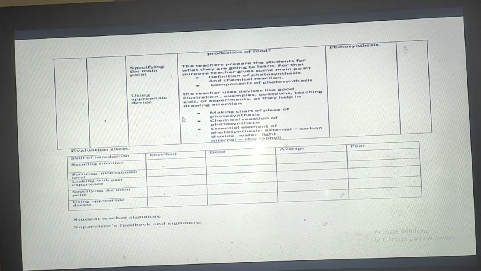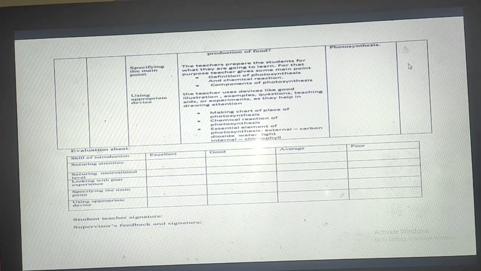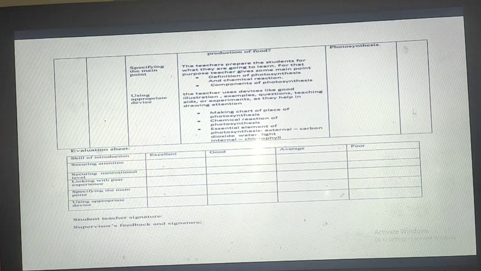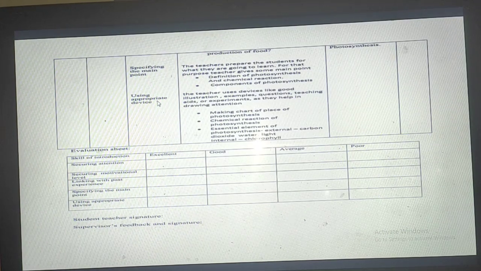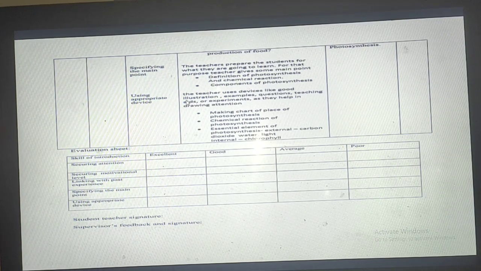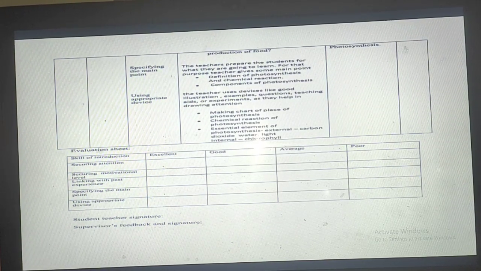Using appropriate device. Here I made a mistake; I have not mentioned the time here. When you prepare the lesson plan, a micro teaching plan, you should mention the time. Using the appropriate device: according to the subject, the teacher can use an appropriate device.